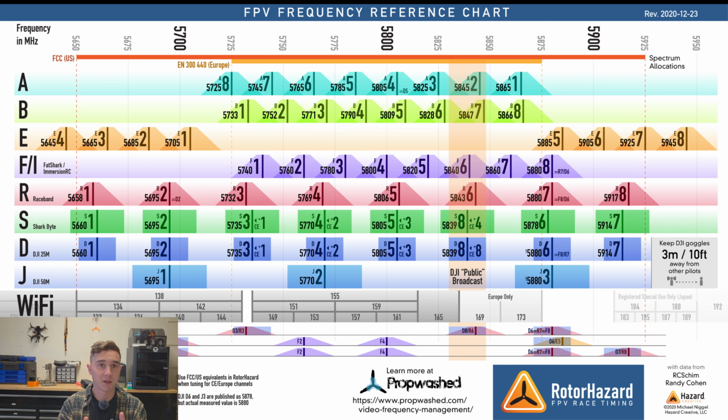That is your channel. If somebody is also in that channel, it will interfere with your video system. So that's where all these bands and channels come in. It allows you to fly with multiple people around you, i.e. races or just flying with your friends, and you cannot interfere with their video system. If you're running analog, I recommend the race band. If you're running DJI or Foxnail, it's better to have an offset just so you don't interfere.